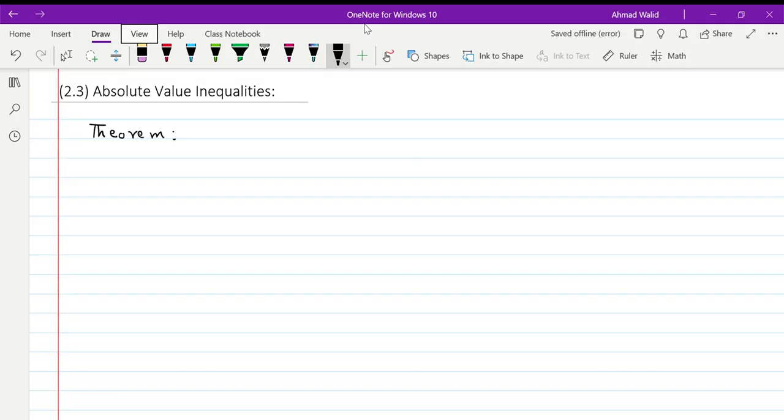If I have a number A and it's greater than 0, it means A is a positive number, then the absolute value of a number U is less than A if and only if U is less than A and greater than negative A, correct?